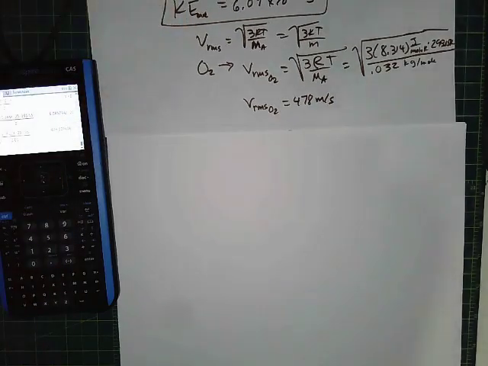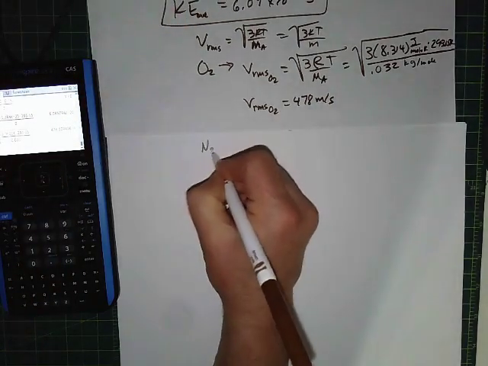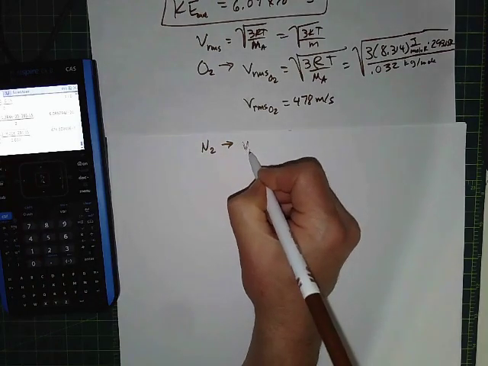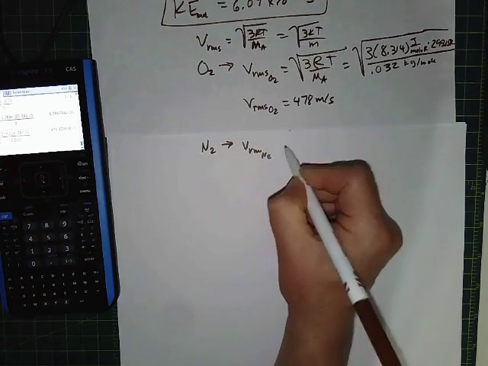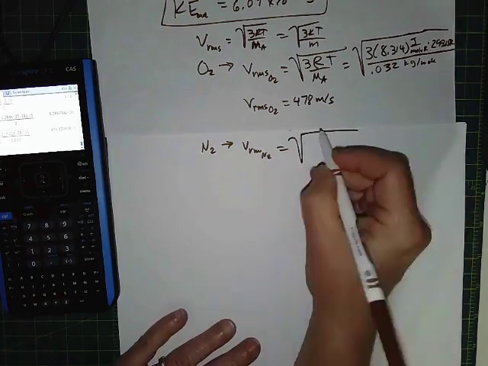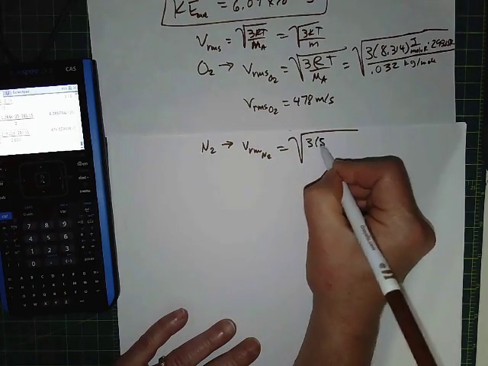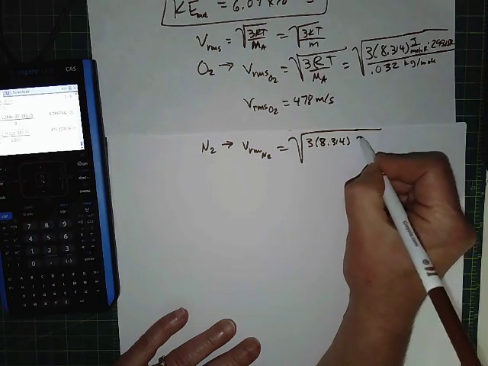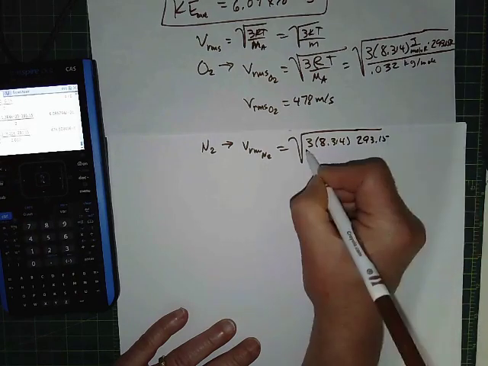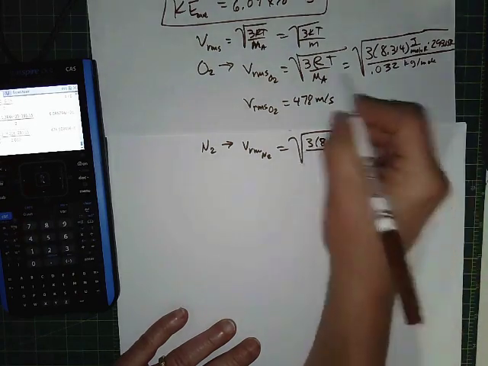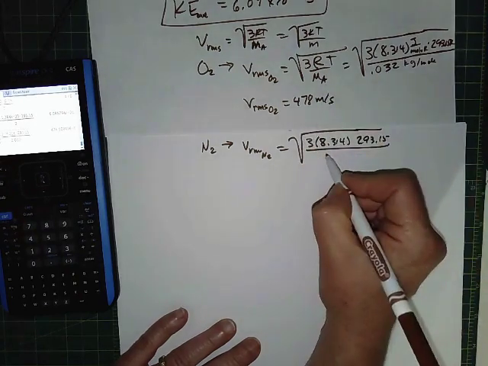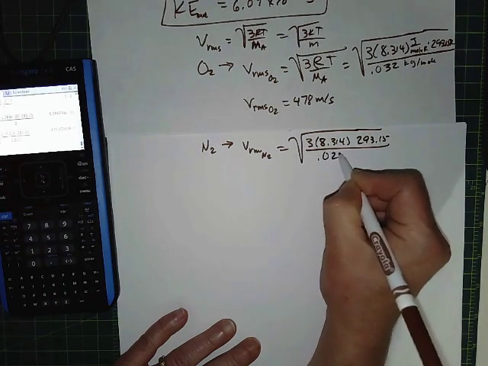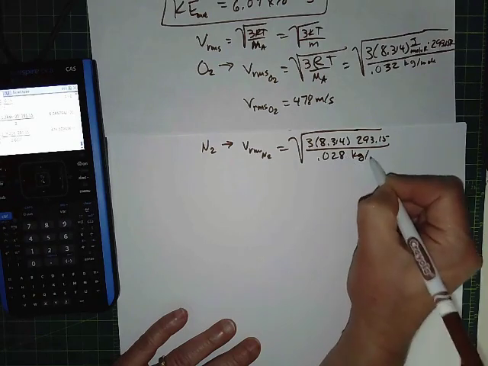All right, let's go ahead and look at nitrogen as well. Say some of the other molecules are nitrogen, same kind of thing. vRMS for nitrogen, 3RT, all the same. The only difference is the molar mass of nitrogen is 28 instead, two 14s, and so 0.028 kilograms per mole.